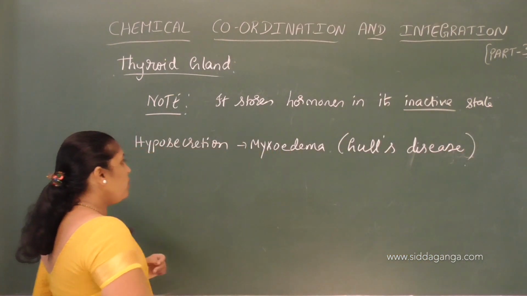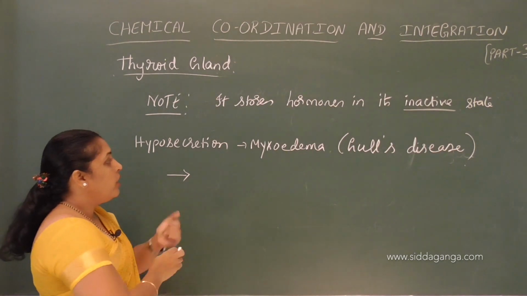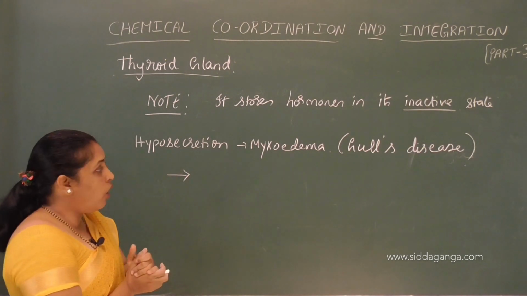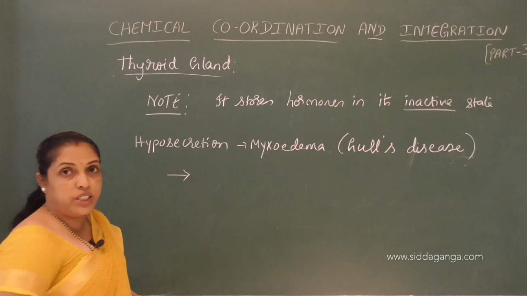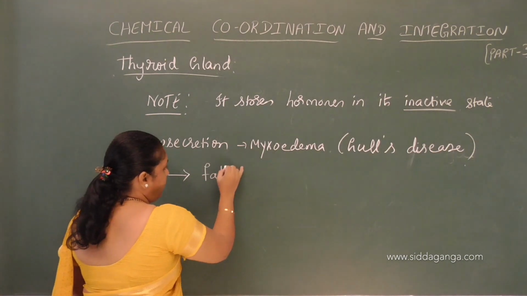So what are we going to observe in these persons? Hypersecretion leads to a disease called myxedema or Gull's disease. In this person we see falling of hair.